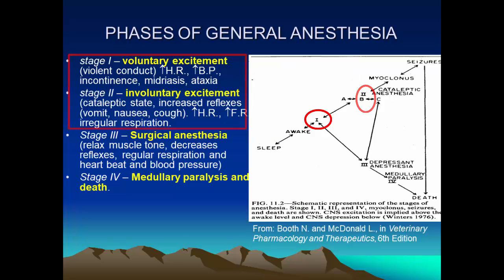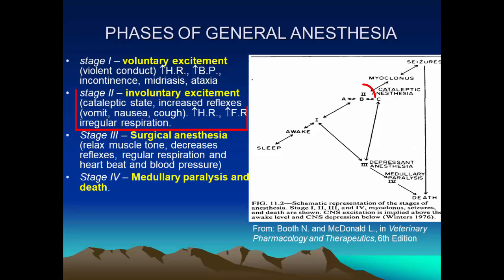In stage 1, we could say that the animal is sensing that something strange is happening and is trying to react against it. So he may respond even in a violent way, basically struggling in an attempt to remain alert. Usually at the end of this stage, it will eventually lose consciousness and enter into a delirious stage of involuntary excitement.